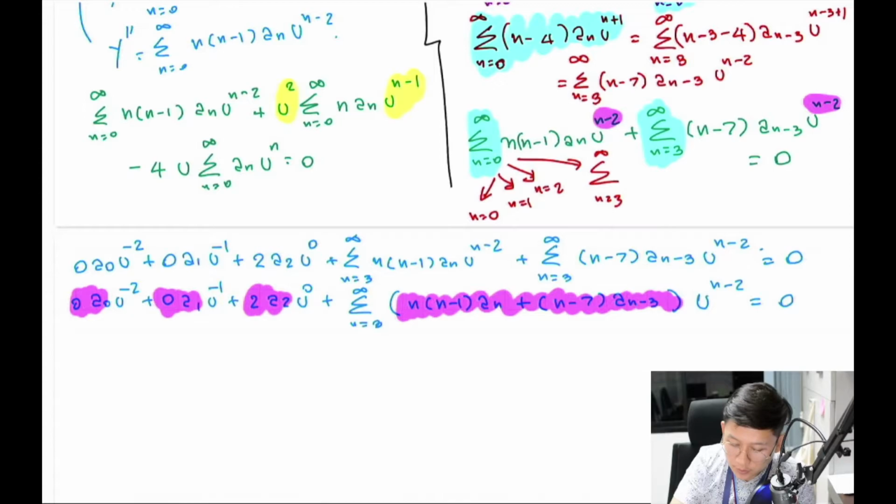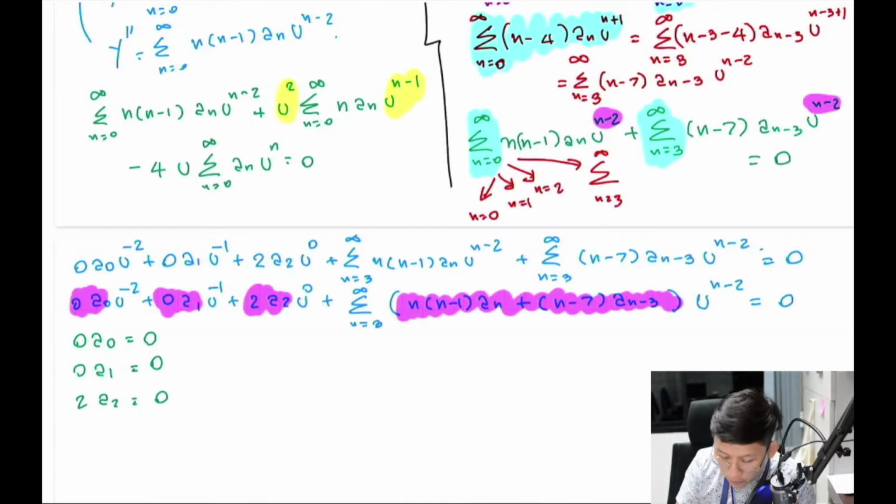So we can take all of these to 0. First here we have that 0·a0 is 0, 0·a1 is 0, 2a2 is 0, right?